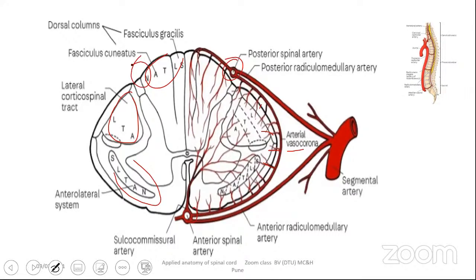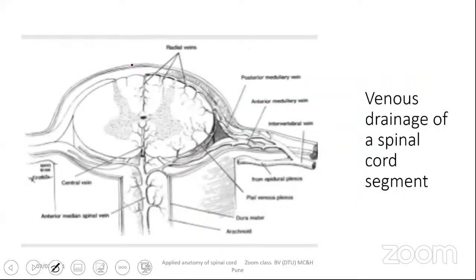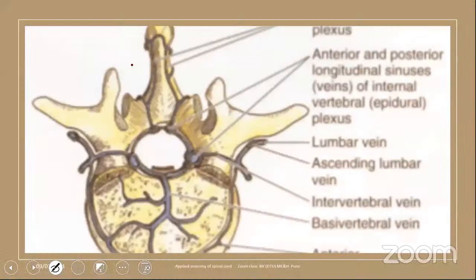One anterior spinal artery, two posterior spinal arteries, and there is a rich venous drainage of the spinal cord segment, which I have already described, that Batson's plexus is very, very important for metastasis from the lower abdomen to the brain.